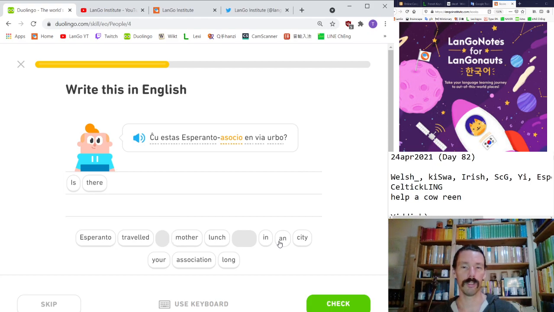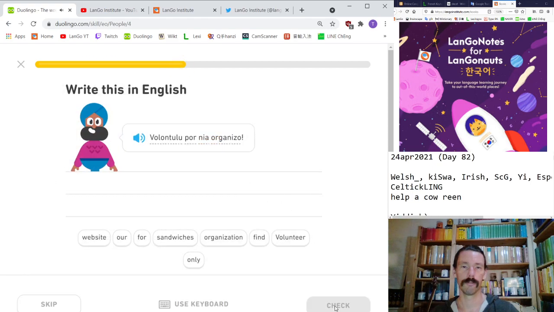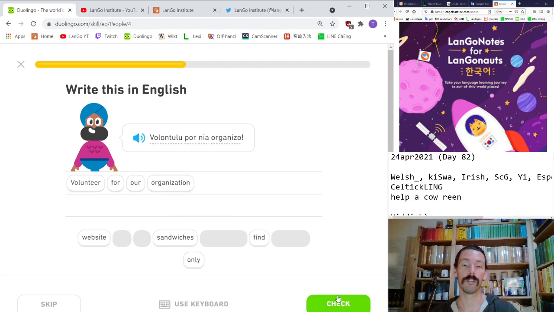Is there an Esperanto association en via urbo, in your city? Volontulu por nia organizo. Volontulo. Volunteer, that is an imperative. Por nia, for our organization.